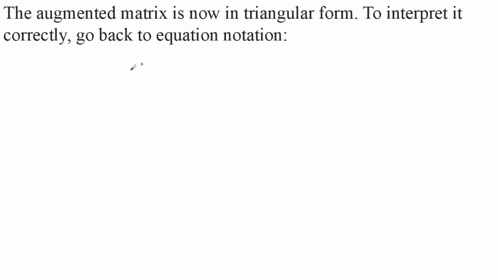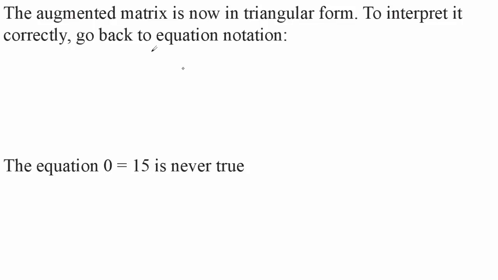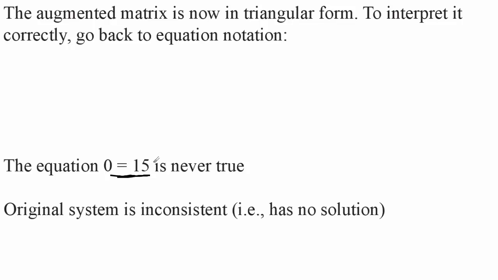We can check in this way also. The augmented matrix is now in triangular form, and we can write the equations from that, and we can see that from the third row we will get 0 equal to 15. 0 equal to 15 is never true, and hence the system is not consistent.